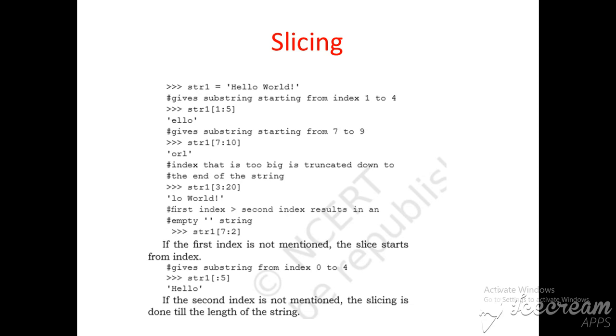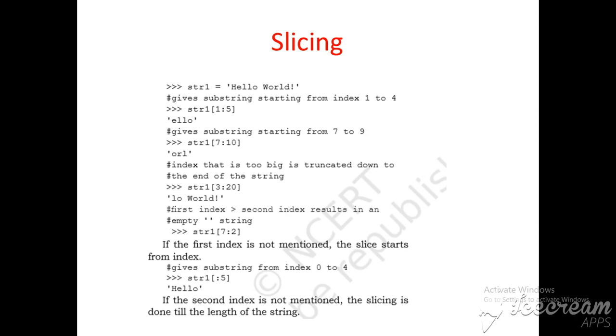Next, if the first index is greater than the second index, it returns an empty value, because in slicing the first index should be less than the second index, then only it returns any character. Here str1[7:2] has the first index greater than the second index, so it returns an empty string. Next, if the starting index is not specified, it starts from 0.